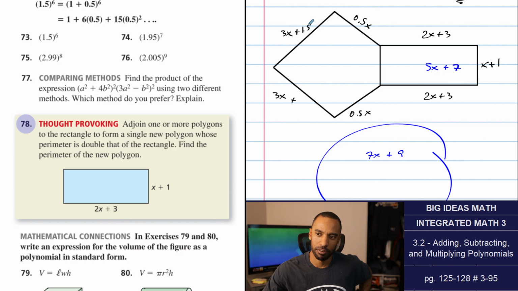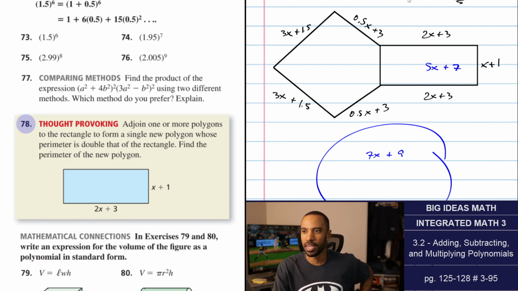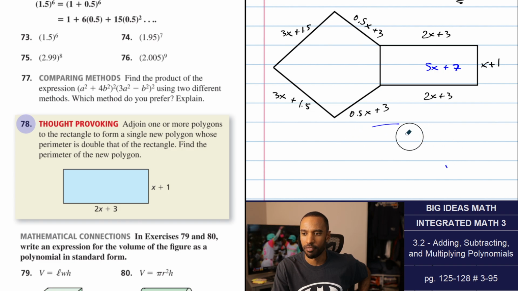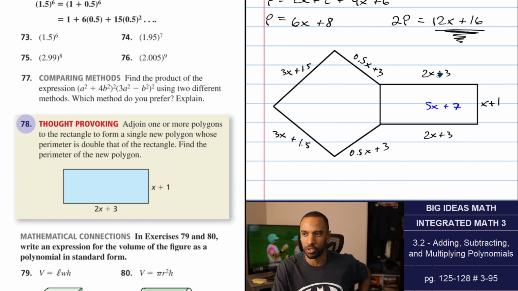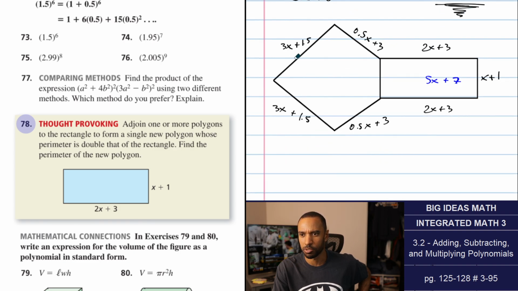Plus 1.5, 1.5. That's 3 and 3. And I need these to be 3 and 3. Okay. I think that gives me a new shape with 12x plus 16, which is double the perimeter of the original. The original would have been 4x plus 6 plus 2x plus 2, which is 6x plus 8. Double 6x plus 8 is 12x plus 16.